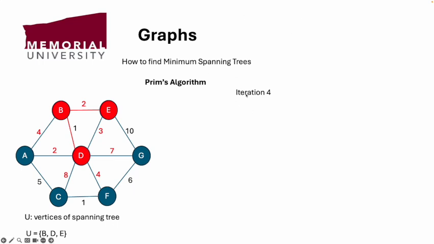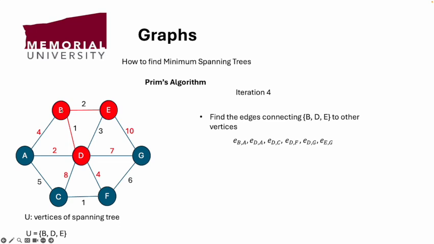In iteration 4, we find an edge connecting B, D, E to other vertices. What are they? We have BA, connecting this side to this side.